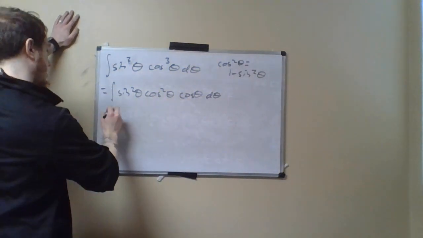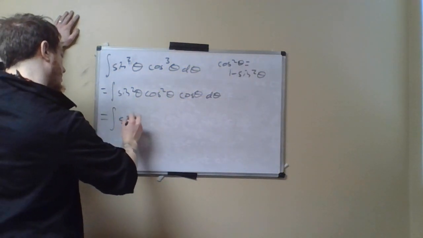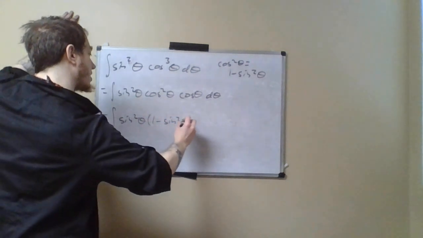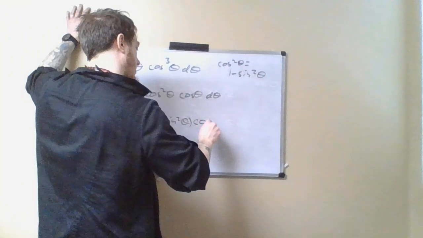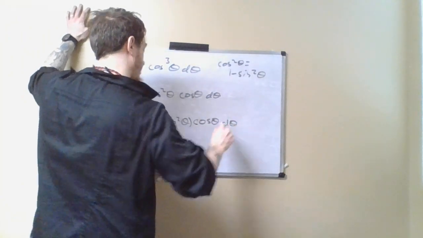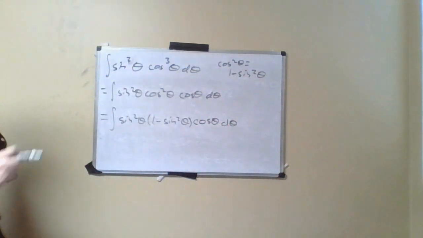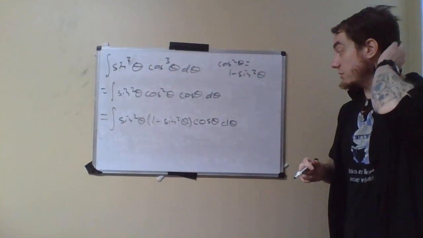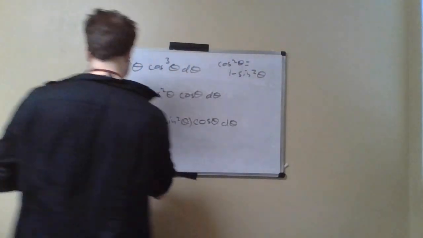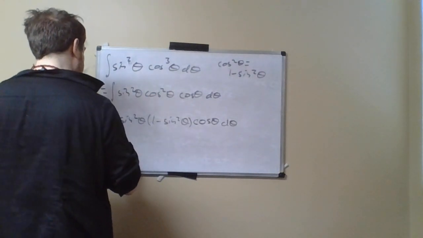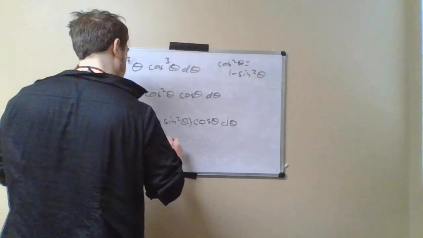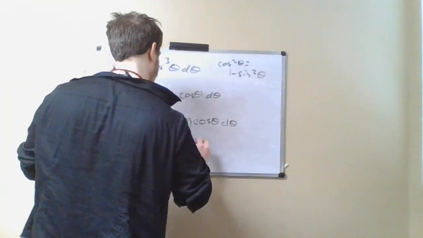So this is actually the integral of sine squared theta times (1 minus sine squared theta) cosine theta d theta. And we don't even need to expand this whole thing out like we did the first time. I can just directly do a u substitution and say, let u be equal to the sine of theta. du is cosine theta.